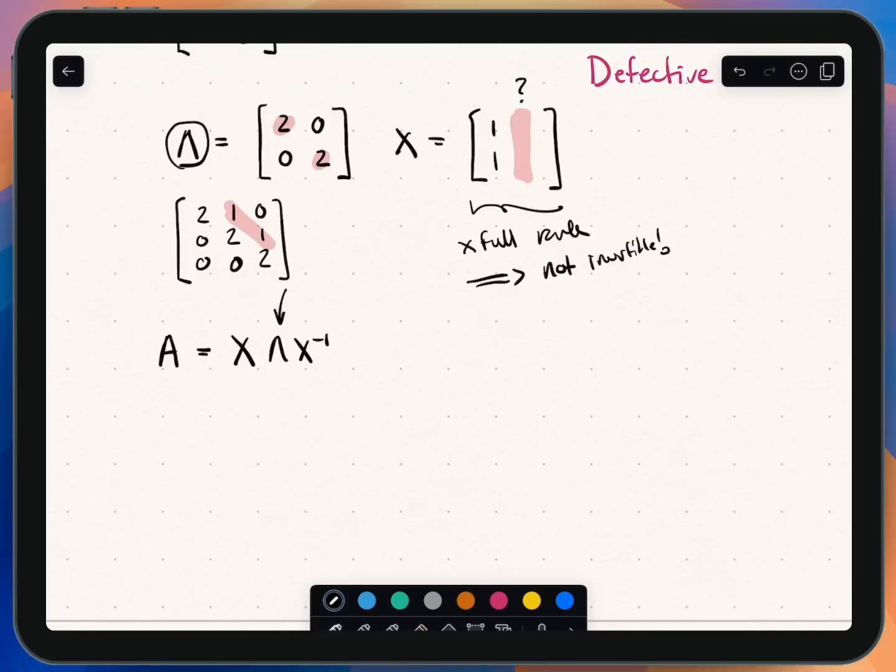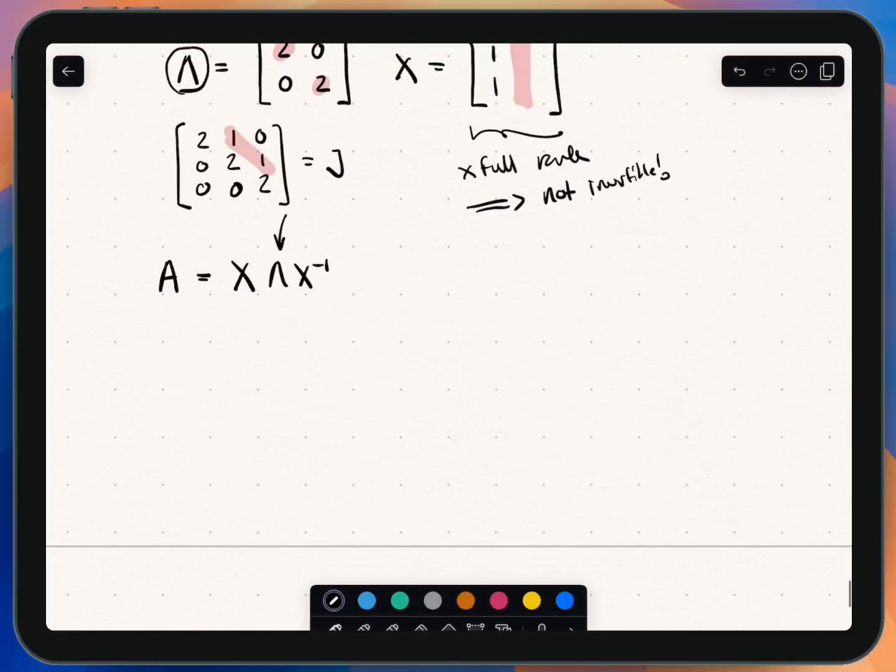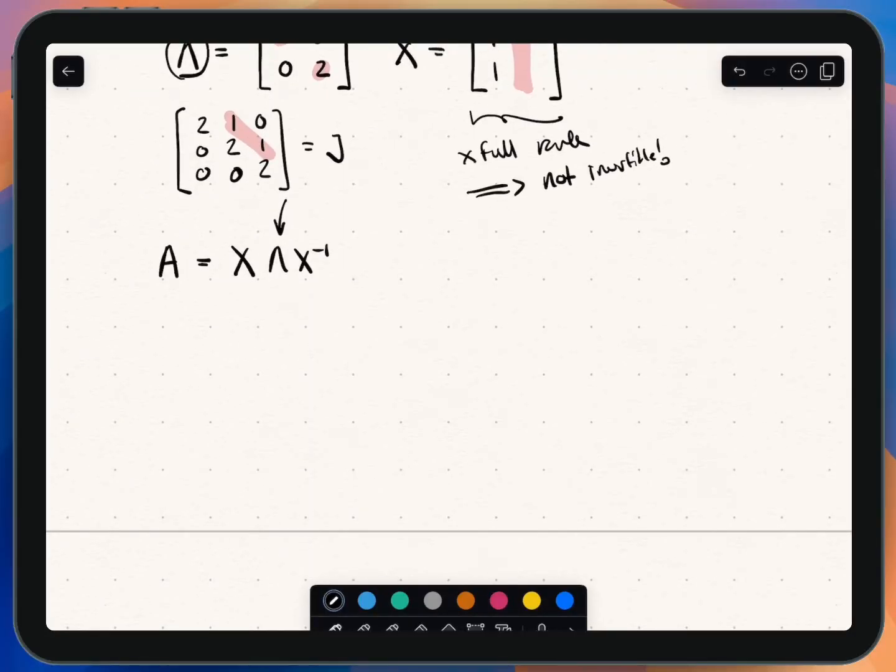And we call such a matrix J, for Jordan or Jourdain, who came up with this nice theorem. So instead, we're going to replace this thing. We're going to say, okay, A is now going to be X J X inverse, and we're going to proceed from there.